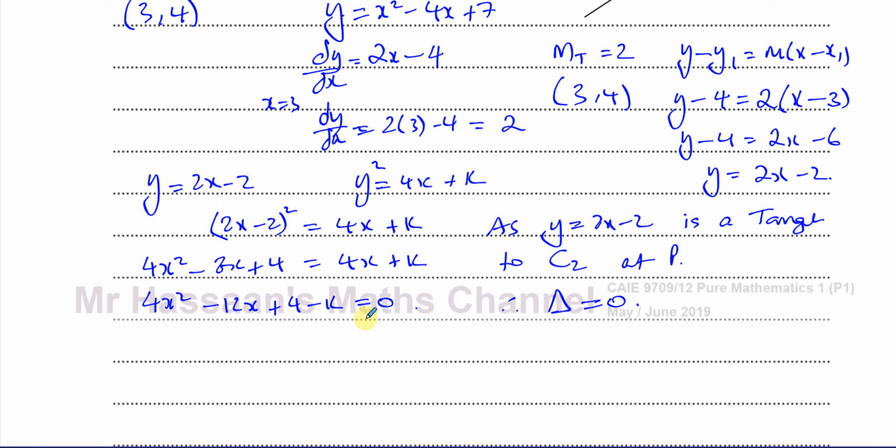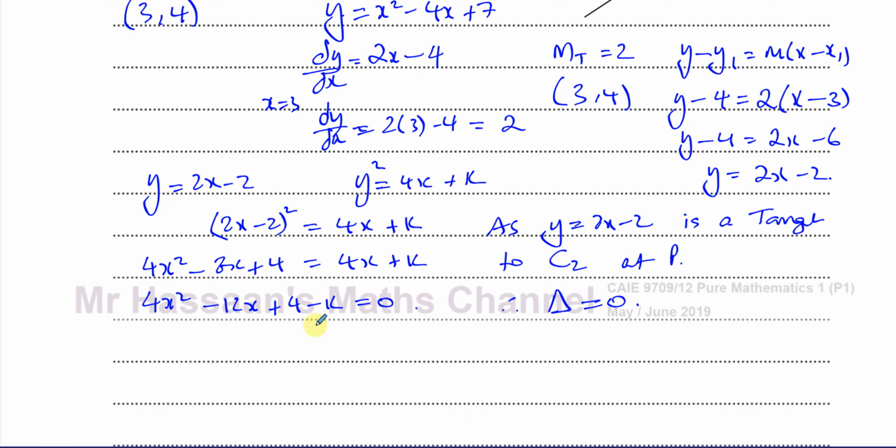The discriminant of this quadratic has to be equal to 0 if this line is a tangent to the curve, because the solutions to this will be a repeated root. It will only have one solution.